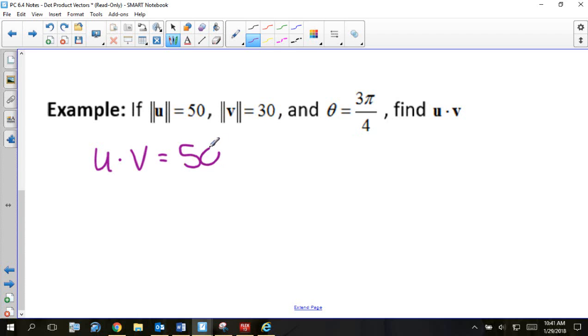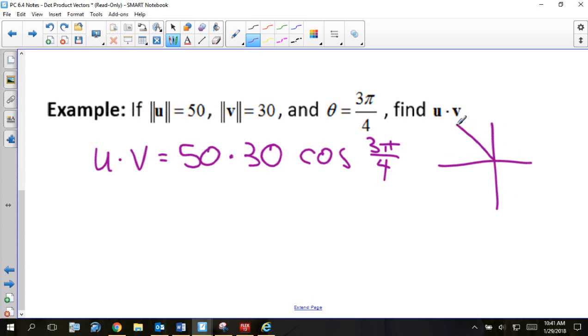So we do 50 times 30 times cosine of 3 pi over 4. And then you say to yourself, 3 pi over 4, that sounds like something I should have memorized. So you think 3 pi over 4 is in second quadrant, it's a pi over 4 or 45-degree reference angle.